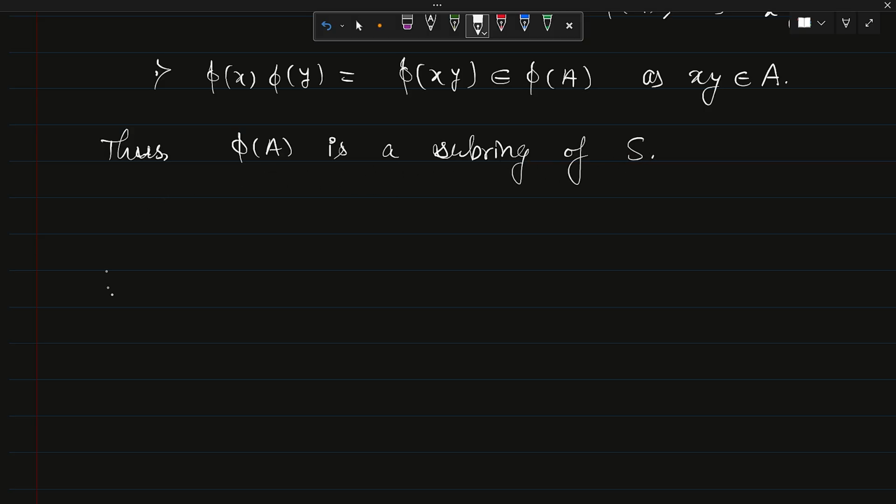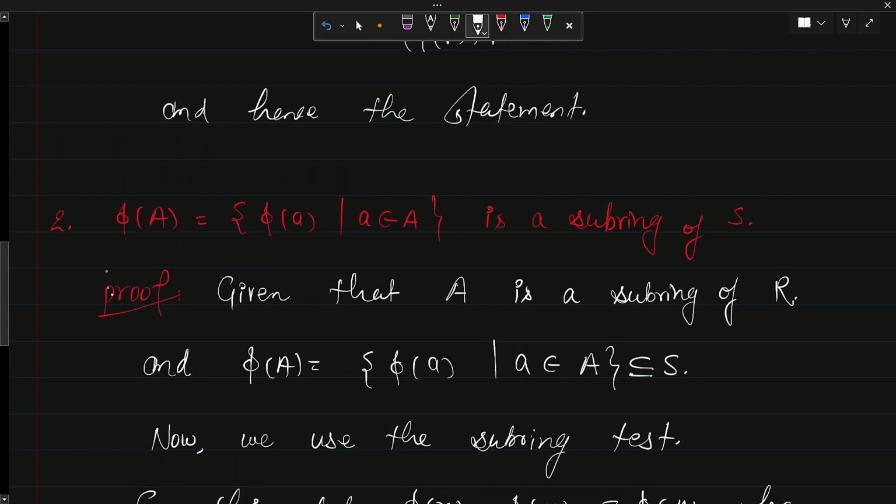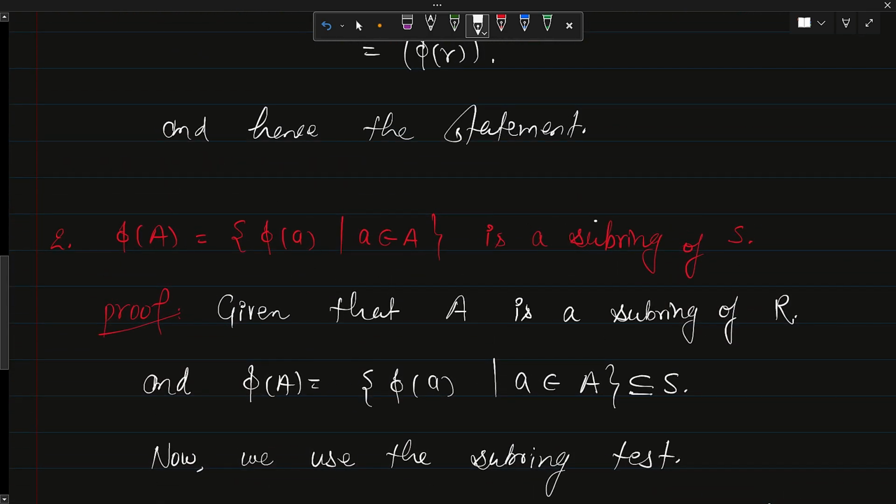अब इस स्टेटमेंट में हमने क्या देखा? We have proved this statement, और इसका सेंस क्या है कि अगर phi कोई रिंग होमोमॉर्फिज्म है और A कोई रिंग है तो इसकी phi इमेज भी एक रिंग ही बनती है, ठीक है?